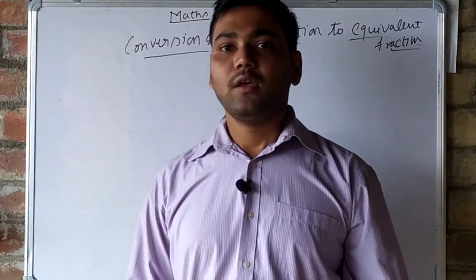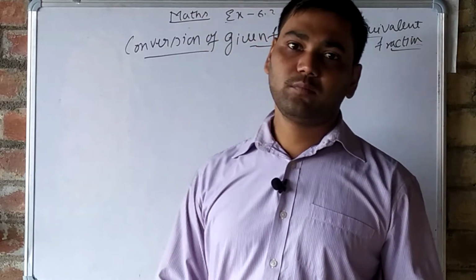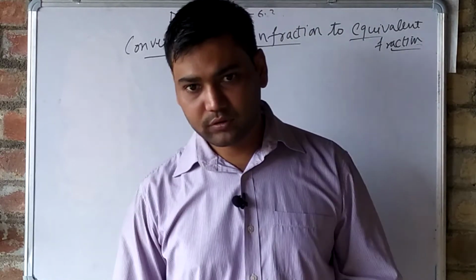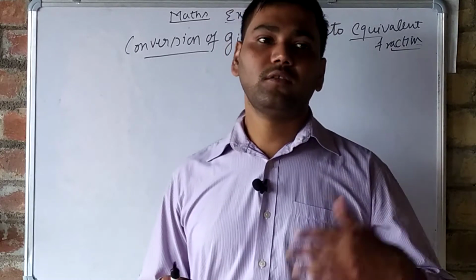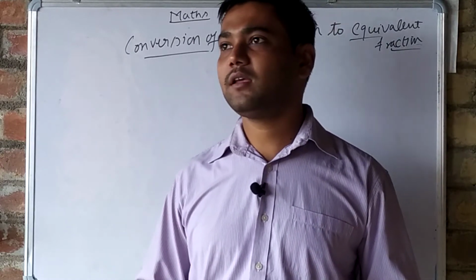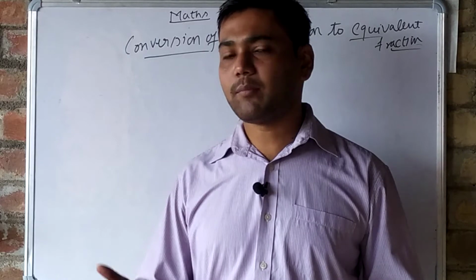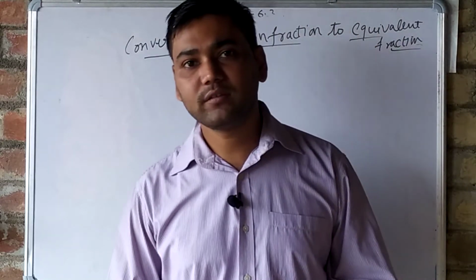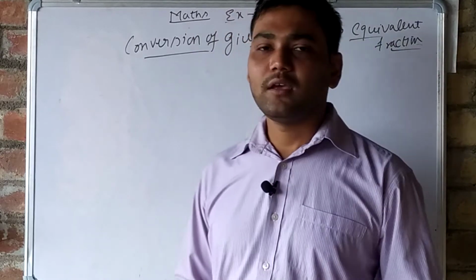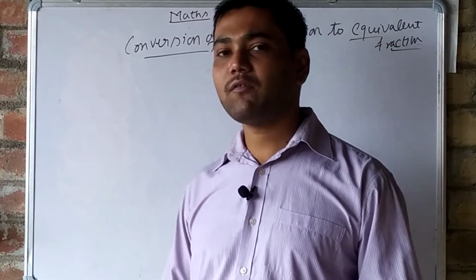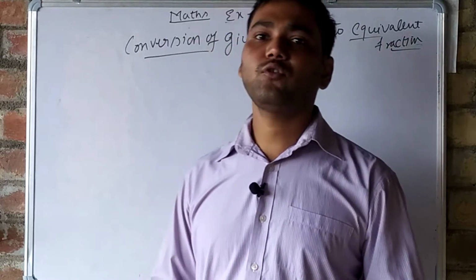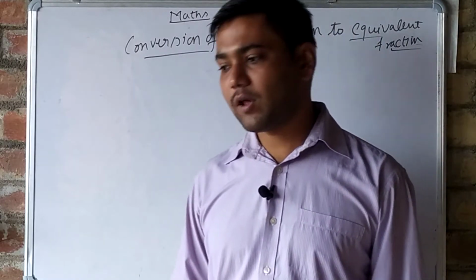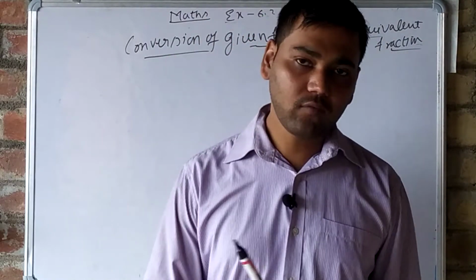Why? Because not only in this case, you have to apply it in several cases that you will study in almost many chapters. That means in perimeter, in finding area, mensuration, cubes, cylinders. In many cases where you will have a fraction part, first you have to convert them into an equivalent fraction, and only then you have to solve it.